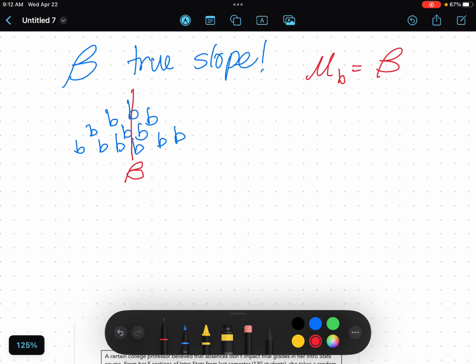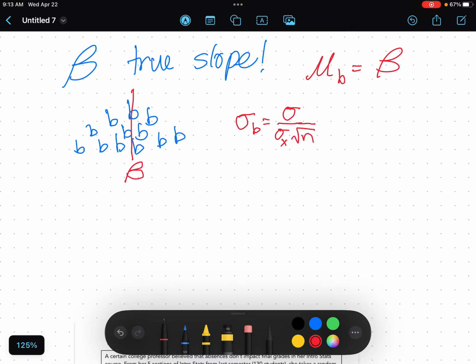You can pull that out. And on the bottom of that page, it shows you the sampling distribution for slope. And it tells us the standard deviation of all the b's is sigma over sigma for x, the standard deviation just for the x variable, times the square root of n.